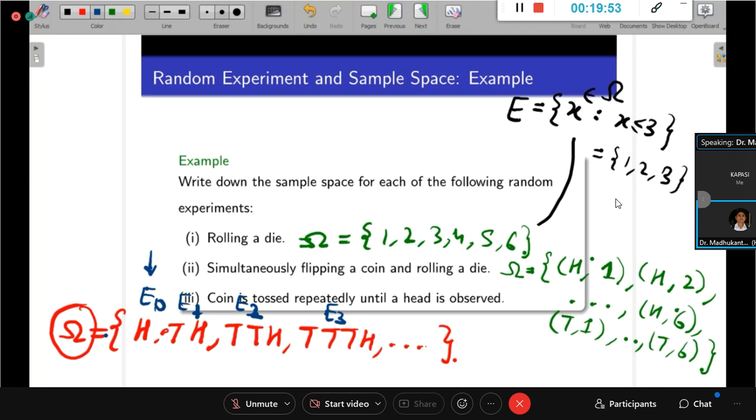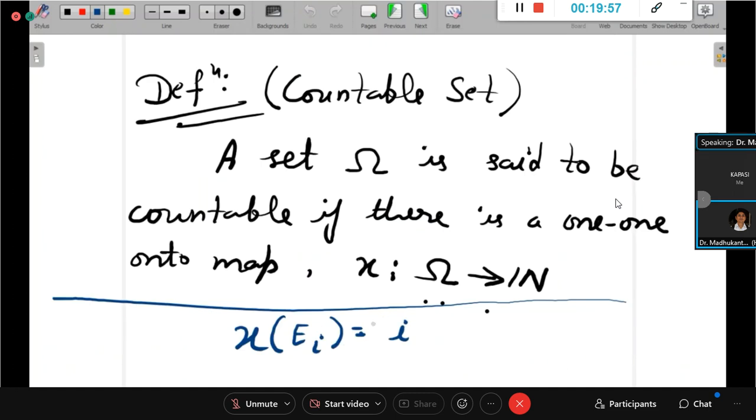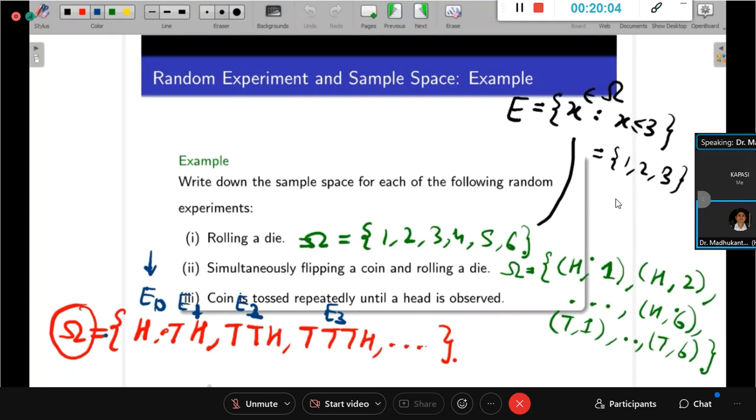The union of two countable sets is countable. So I think you will get how this i is connected to the number of tails. E1 has one tail, the second has 2 tails, the third has 3 tails and so on. You will definitely get a natural number.